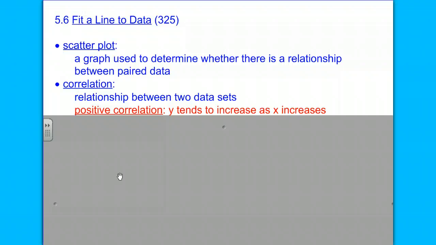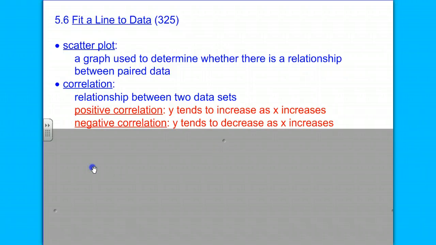If a positive correlation is y's increasing as x's increase, it looks somewhat like this, like a positive line, right? A negative correlation would be, Sophia? Maybe y tends to decrease as x increases. Well, y tends to decrease as x increases. So as the x's are increasing, the y's are decreasing, so it has this kind of a negative look to it, okay?